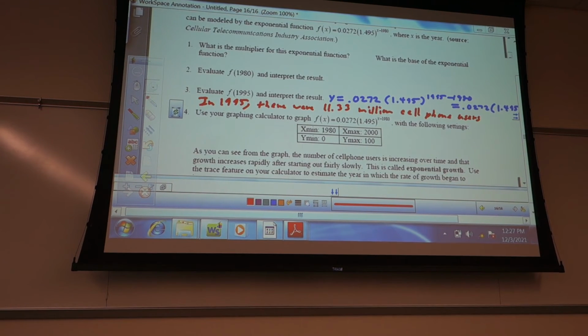Don't worry about the graphing part, I'm going to show you here on Desmos. So we have 0.027 times.